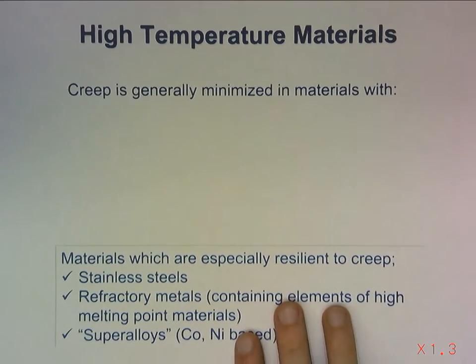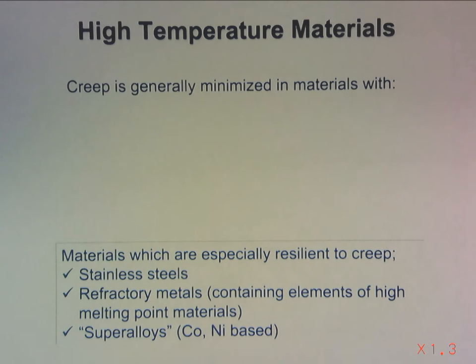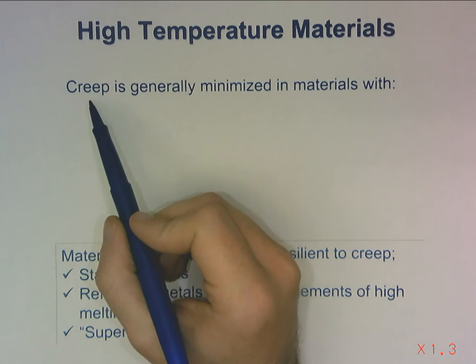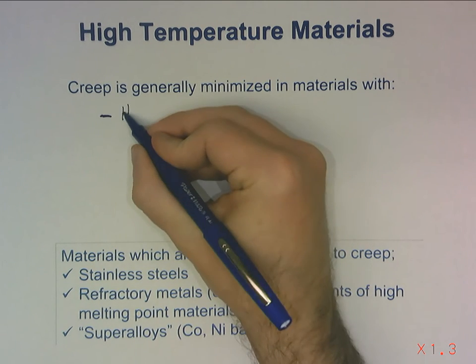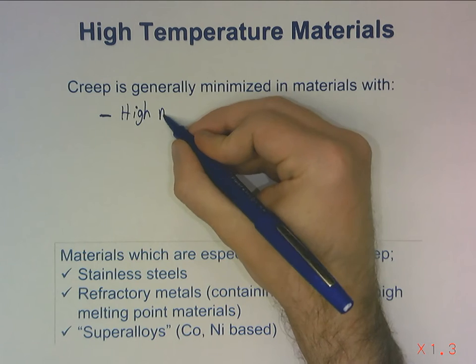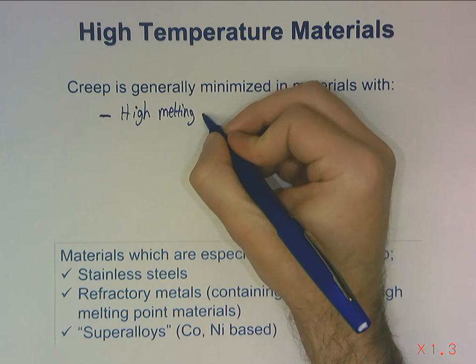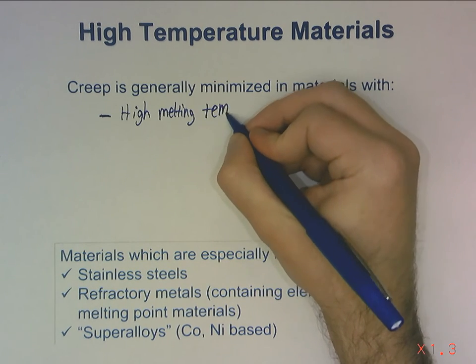So let's talk about resisting creep failure. Some way, somehow, I'm going to find a way to test you guys on this. We want to generally resist creep with high melting temperatures.